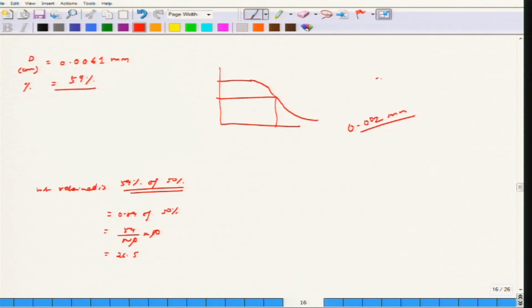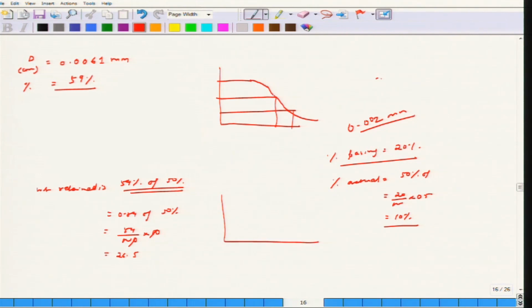In that case again you have to find the percentage passing in a similar way. If the percentage passing from the hydrometer is, let us say, 20%, then what will the actual percentage be? The percentage retained on the pan is 50%. So 20% of 50%, that means 20 by 100 into 0.5, so 10%. In that way you have to proceed, and you will find the entire grain size distribution.